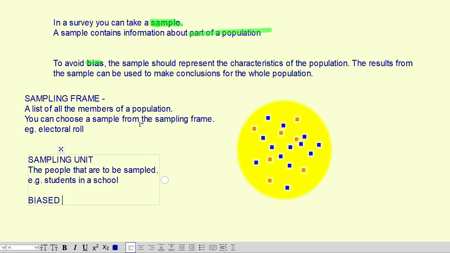And let's just say what a biased sample is: a sample that does not represent the population fairly.